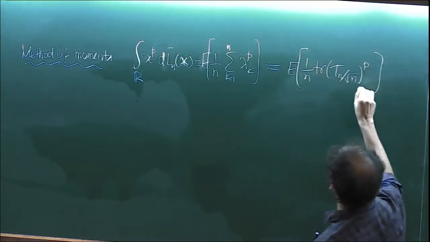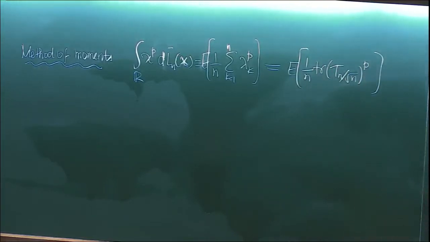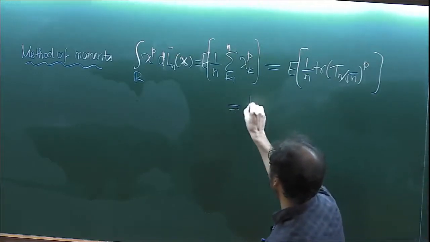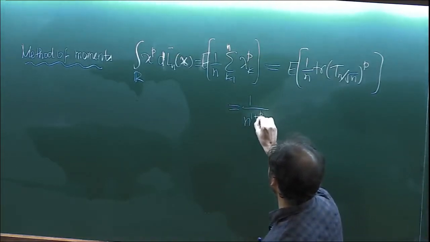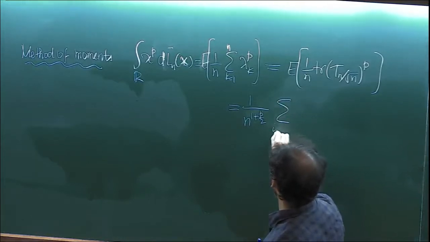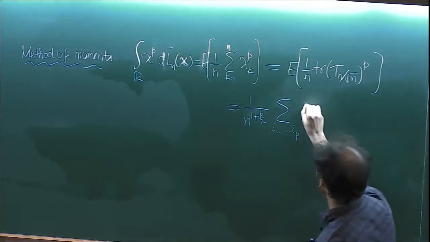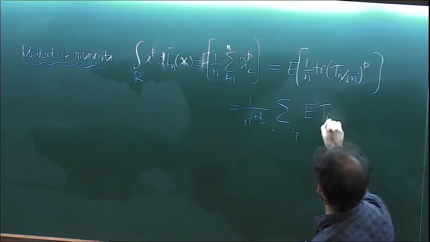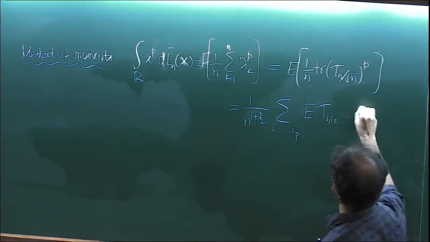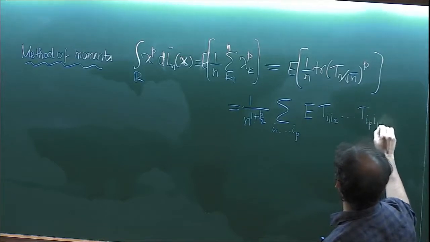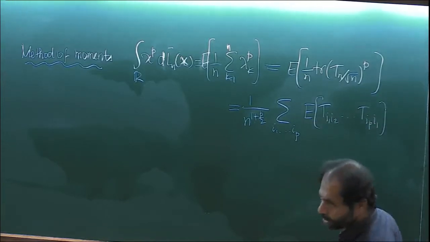The same applies to the Hankel case; let me just write it in the Toeplitz case. Now you can expand this in terms of the entries of the matrix: the expectation of T_{i1,i2} ... T_{ip,i1}.